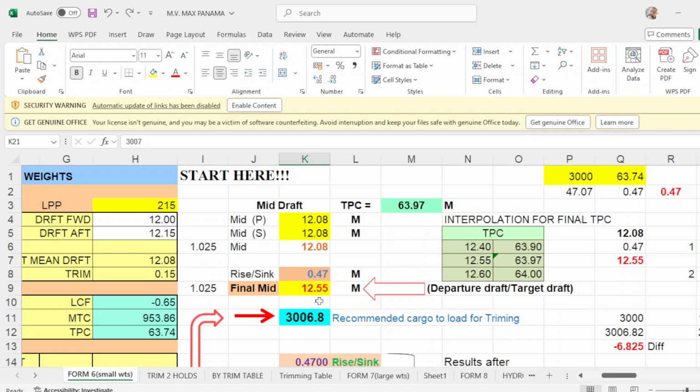So to get the remaining cargo to load of 3,006.8, your sinkage of 0.47 times your TPC of 63.97 times 100 gives you this value of 3,006.8. Then scroll down.